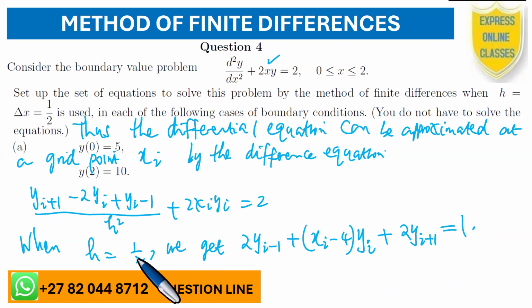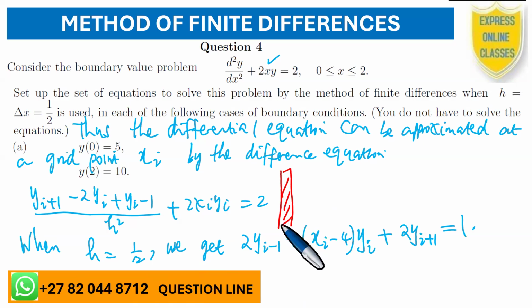So when h equals 1/2, we get the following. Let us analyze these together. What happens when h equals 1/2? We'll perform a small division here.